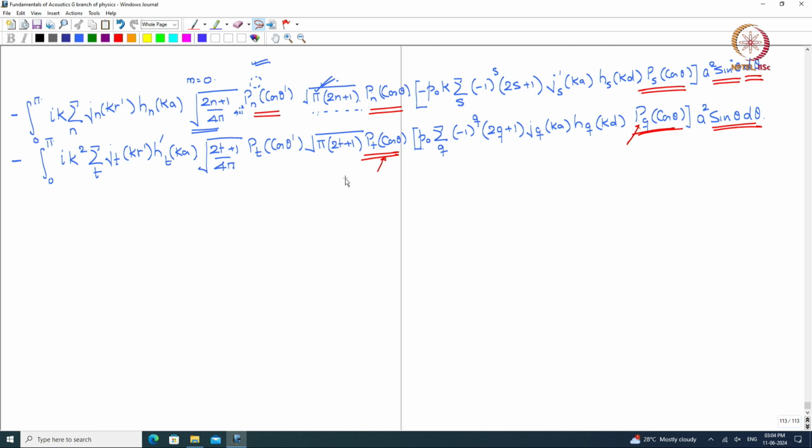Let me just say integral 0 to pi Pn of cos theta and Pq of cos theta sin theta d theta is equal to 2 over (2n plus 1) delta nq.